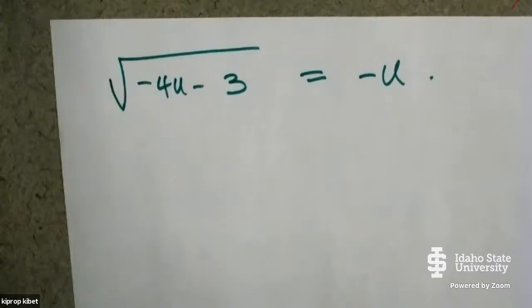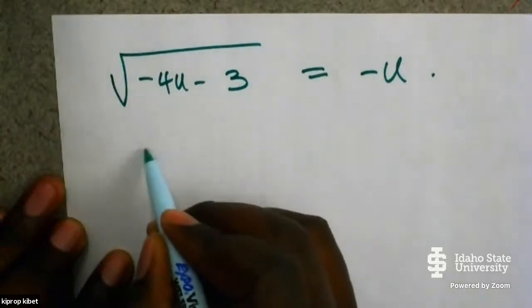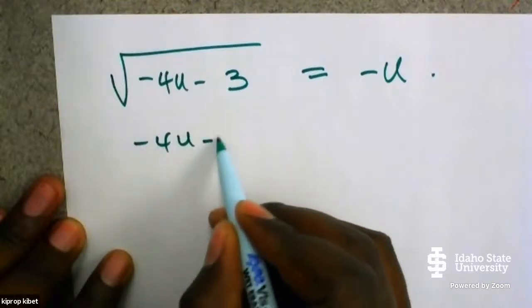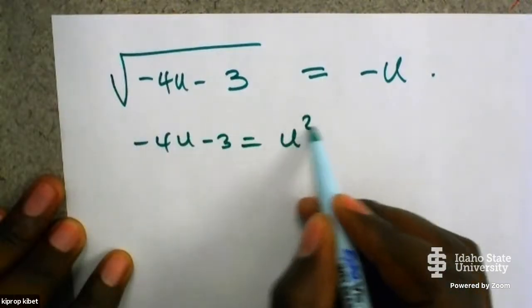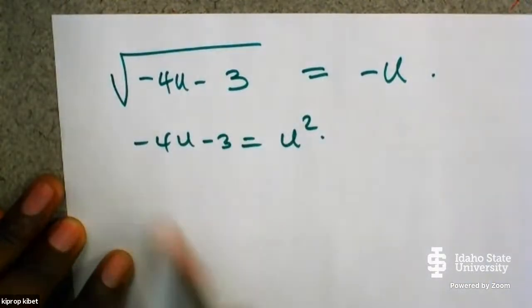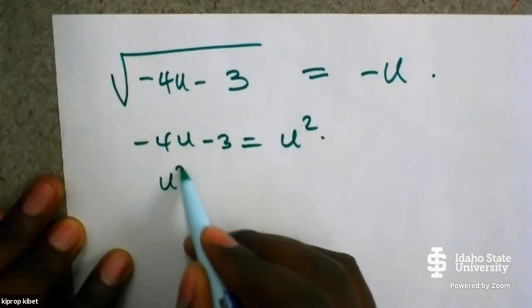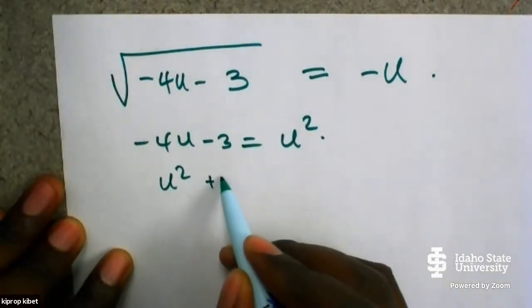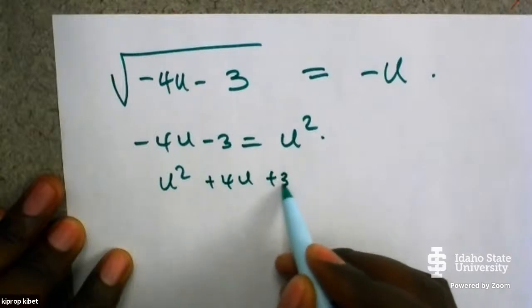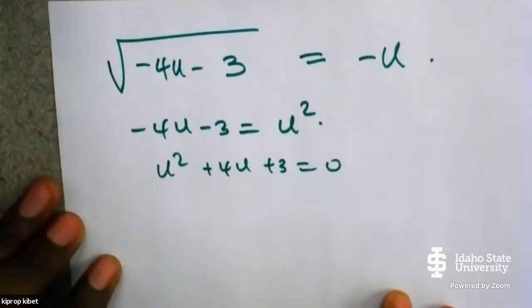So what are you getting? They both work. Okay, so minus 4u minus 3 equals what? u squared. Check all of them. So u squared plus 4u plus 3 equals 0.